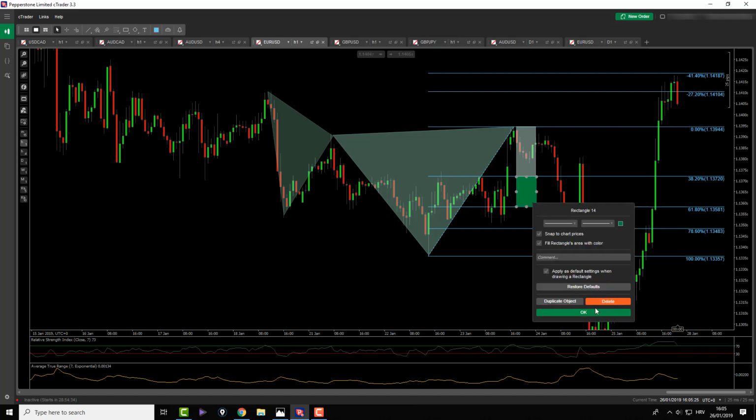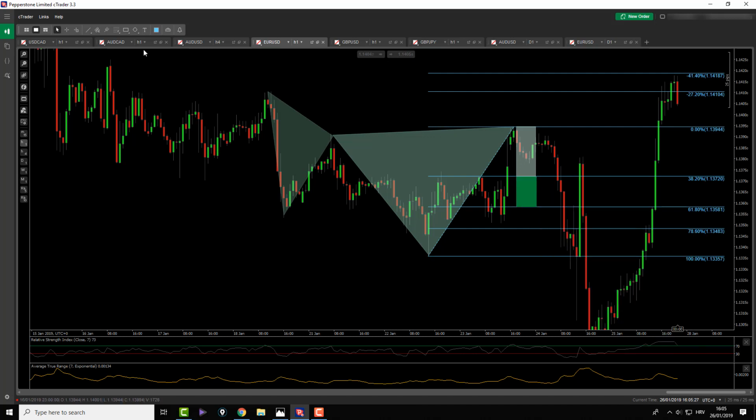Let's use this color. Okay, and we would actually make some decent money. We would make 22 pips plus 36 pips. It's almost 60 pips in one single trade that we would make on this Cypher pattern on euro dollar.